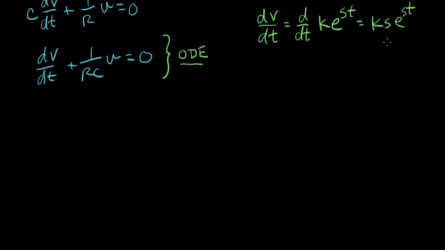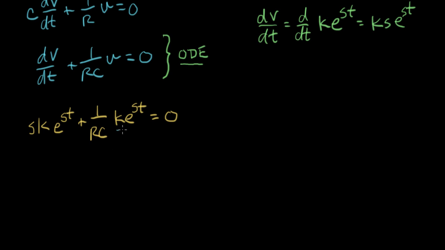So now I'm going to plug in the derivative that we had plus the proposed solution and see if our equation comes out true. So dv dt is sk e to the st plus 1 over rc stays here. And we plug in v, and v was k e to the st. And that all equals 0.